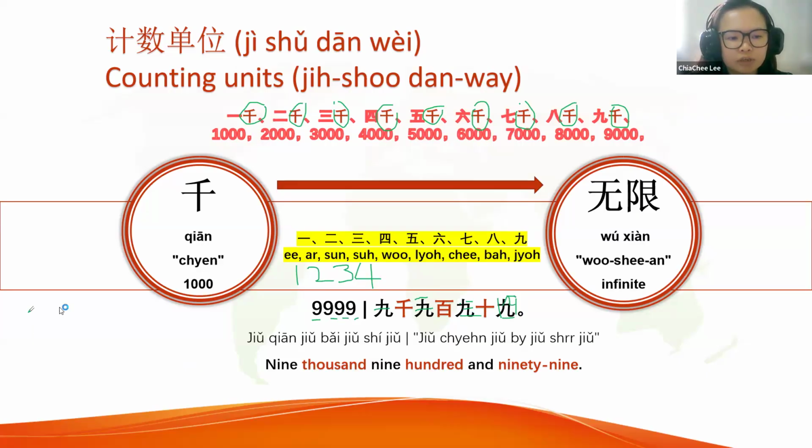Let's say I give you the number 7, 2, 1, 4. We are doing the 计数单位, counting the units. It's actually 7000 because 4-digit first, and then 214.